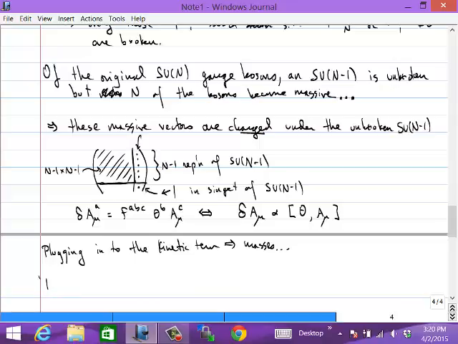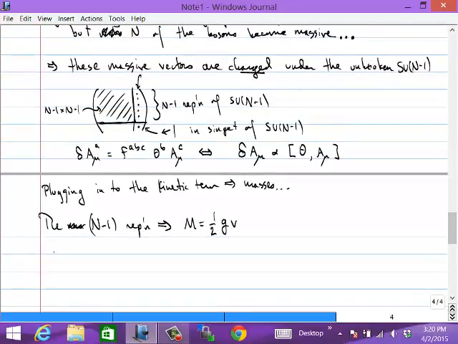For example, the n minus 1 column vector gives you a mass that is proportional to gv, and the singlet, the one-dimensional representation, the thing that doesn't transform at all under the SU(n minus 1), has mass squared, well, this is something that you just have to calculate, so I'll just quote the answer for you. It's some function of n times gv.